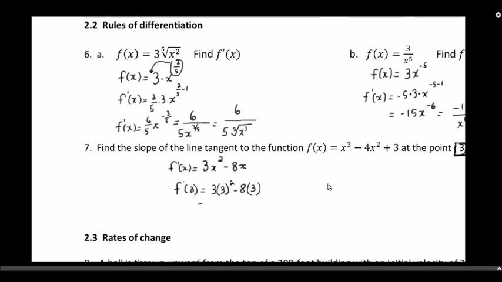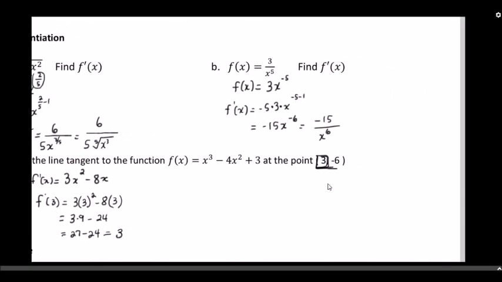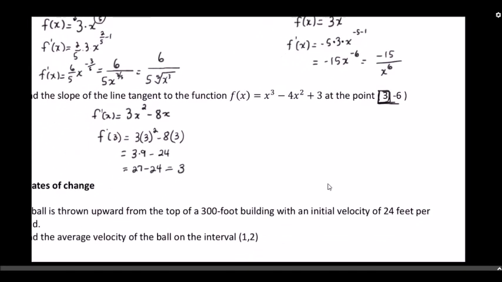So this is 3 times 9 minus 24. 27 minus 24 is 3. So it has a slope of 3 at the point (3, -6).